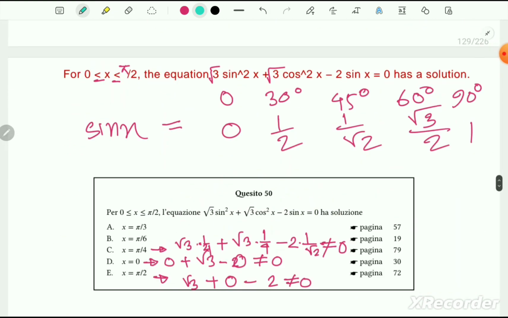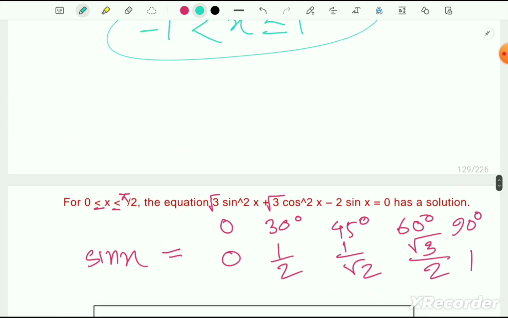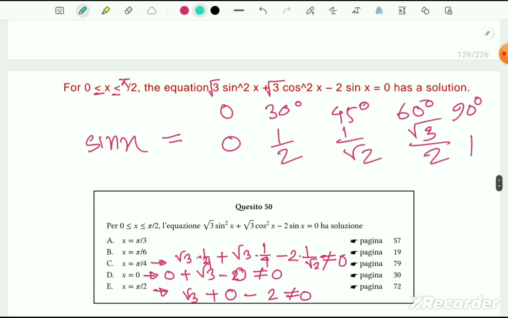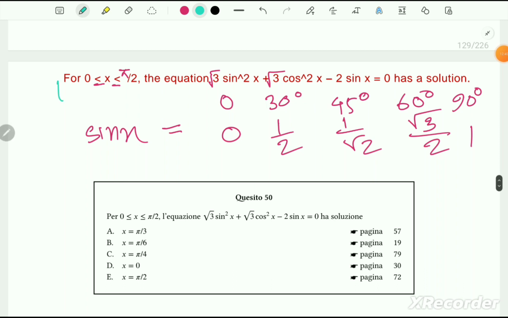Our last problem today. For 0 less than or equal to x less than or equal to pi by 2, the equation root 3 sin square x plus root 3 cos square x minus 2 sin x equal to 0 has a solution.